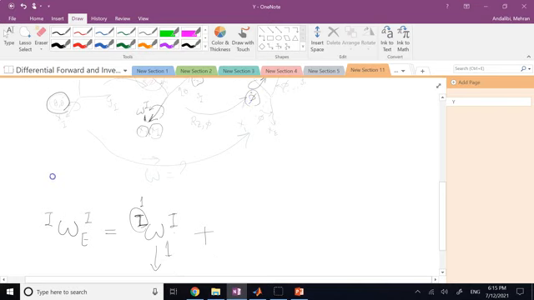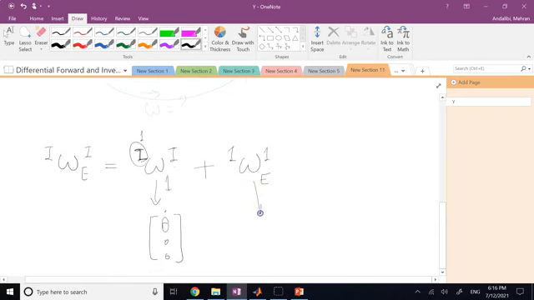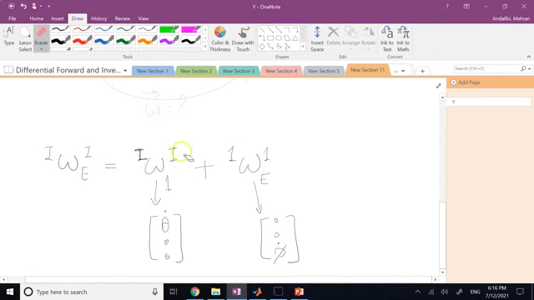So if I write it, I can write it as omega of E with respect to 1 as written in 1, looking like this: 0, 0, phi dot. Correct? Only a z rotation. Now, what's the problem here? The problem is this. If you look, I'm adding these two vectors together, the two motions of the frame E with respect to I. It has two motions. It comes from two omegas.